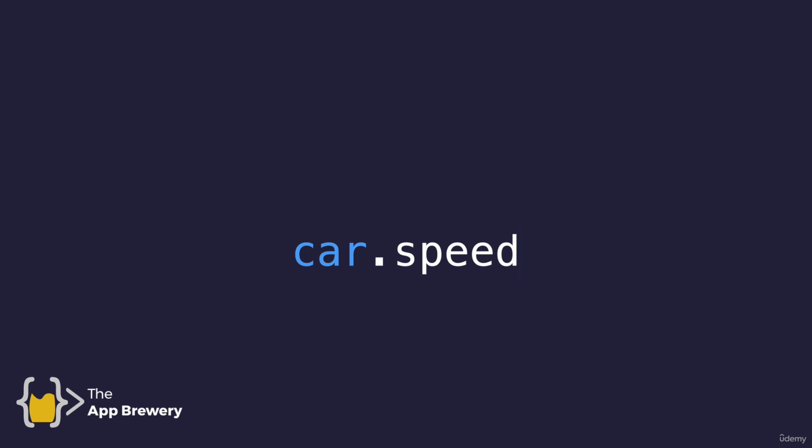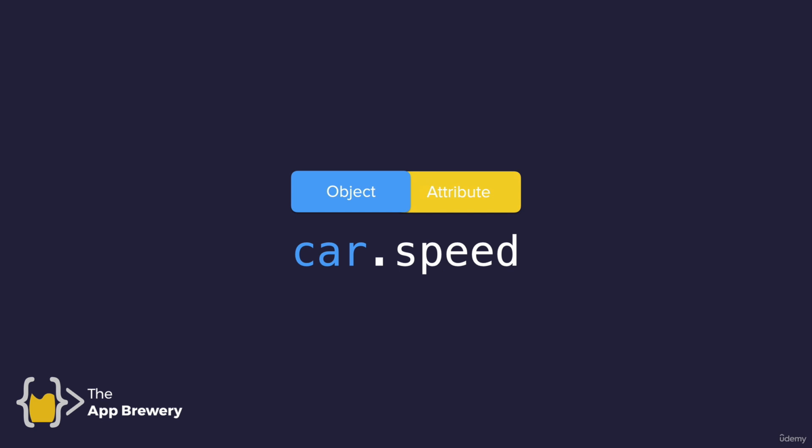Car in this case is the object, and then we use a dot or a full stop to separate the object from the actual attribute that we want to get hold of, which in this case is speed. What this code does is it essentially identifies the object and then says from this object, get the speed attribute. This is actually going to represent the speed of this particular car object.